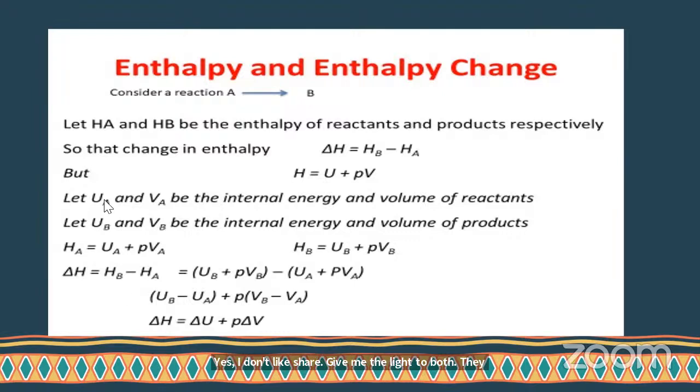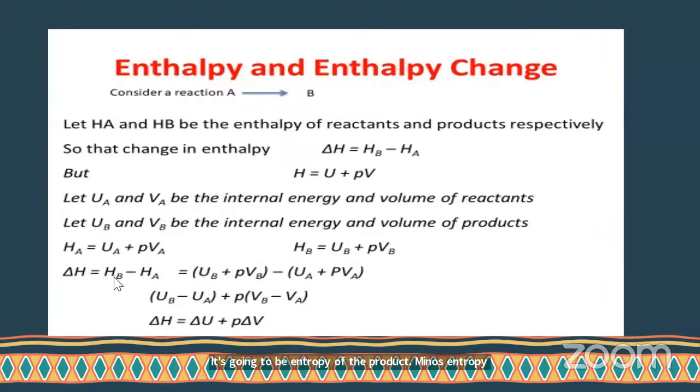So you have the internal energy and the volume of the reactants. You also have the internal energy and the volume of the product. So adding up everything, when you're calculating the change in enthalpy, it's going to be the enthalpy of the product minus the enthalpy of the reactant.